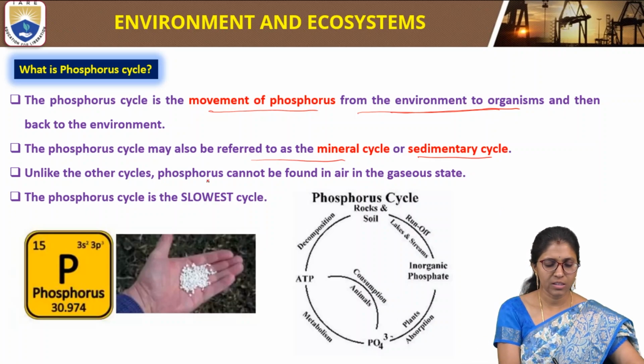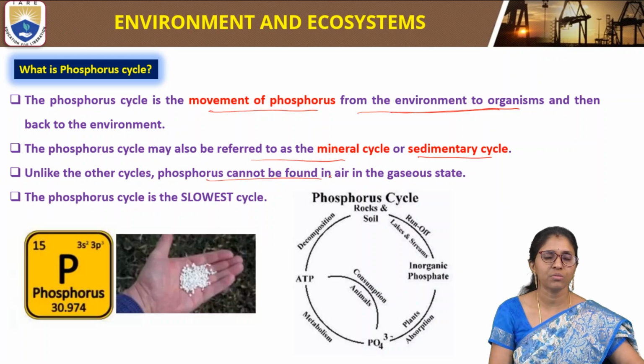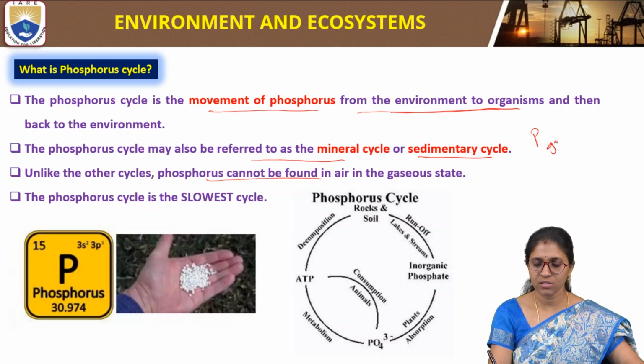Unlike the other cycles, phosphorus cannot be found in air in a gaseous state. In other cycles like the oxygen, carbon and water cycles, the substances are in a gaseous state, but phosphorus cannot exist in a gaseous state.